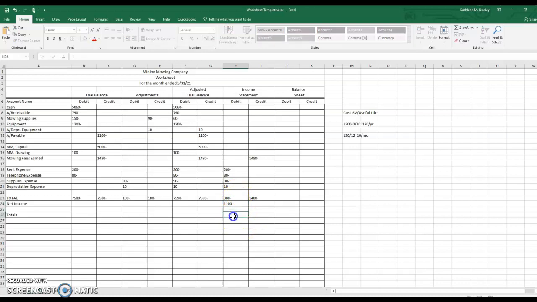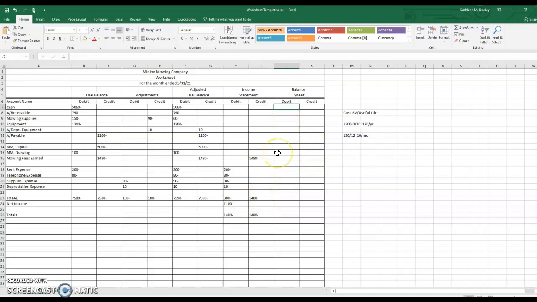Now if I total these up, 380 and 1100, that equals 1480. Now my totals are equal. But I had to add this 1100 net income to make them equal. Because of course, A equals L plus E. I don't have all the A and the L, etc. in here. I only have revenues and expenses. So they're not going to equal down here.